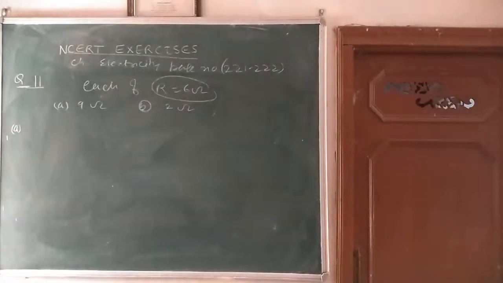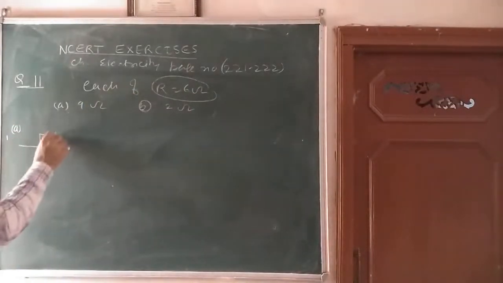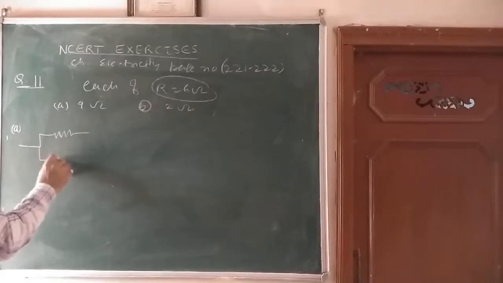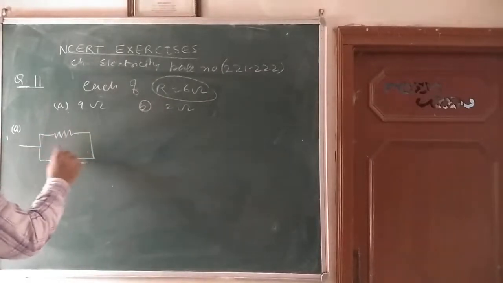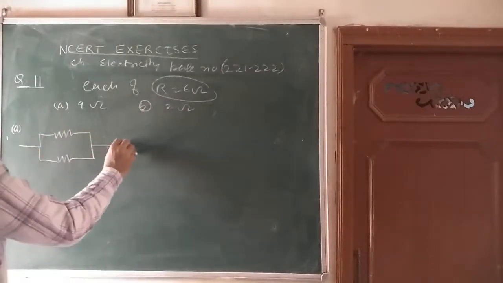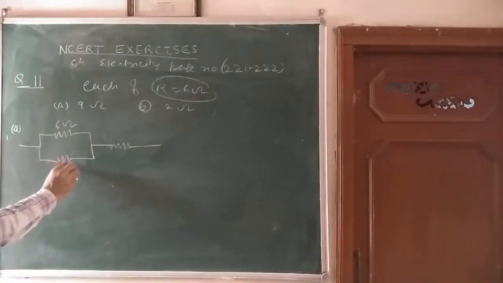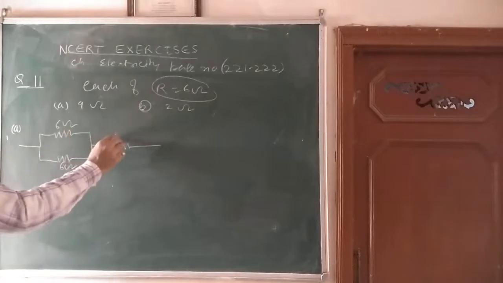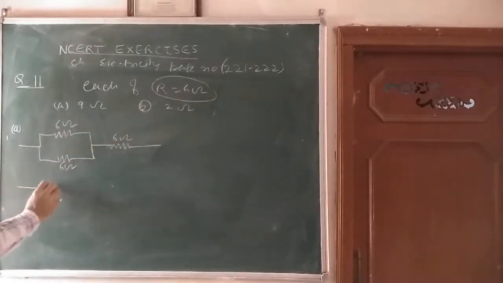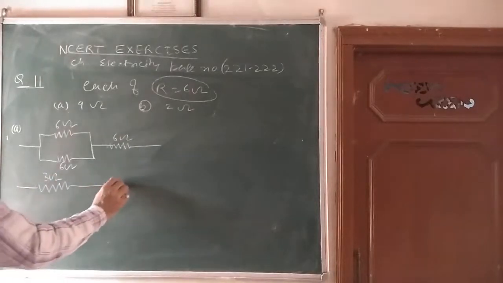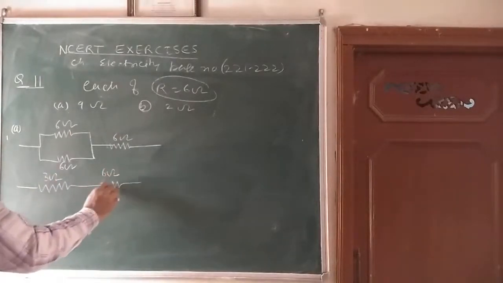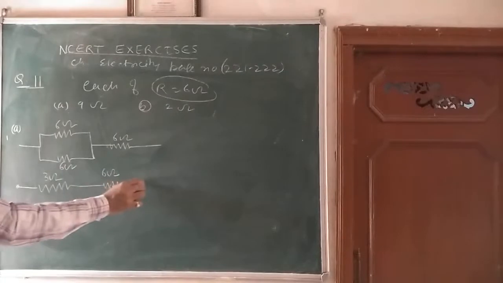For the first case, you take two resistances of 6 ohm, connect them in parallel, then find out the resultant of it and then connect it in series. So 6 ohm resistance, then 6 ohm resistance, both are in parallel. You will get the equivalent resistance of these two as 3 ohm, and then you connect it in series, so you will get the resultant of 9 ohm.